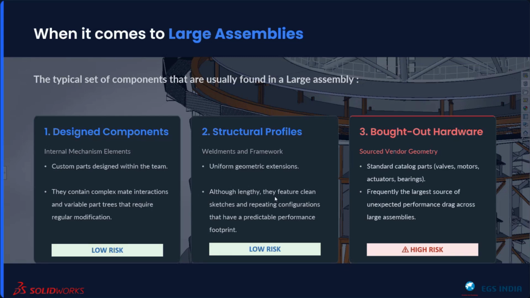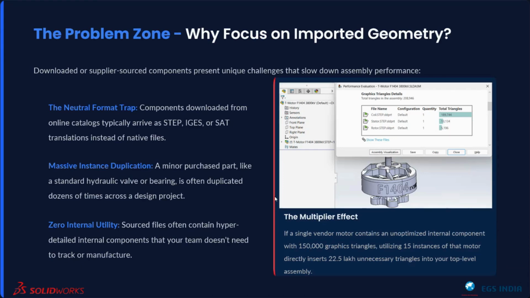Why are we focusing on imported geometry alone, or your STEP files alone? The first issue is called the neutral format trap. What happens when you have a STEP file is, the files that you get from the vendor or websites are mostly going to be in STEP or some non-native SolidWorks format.